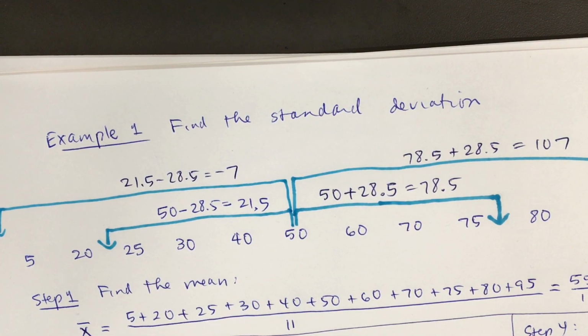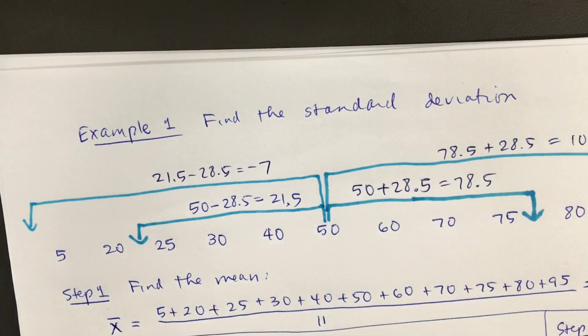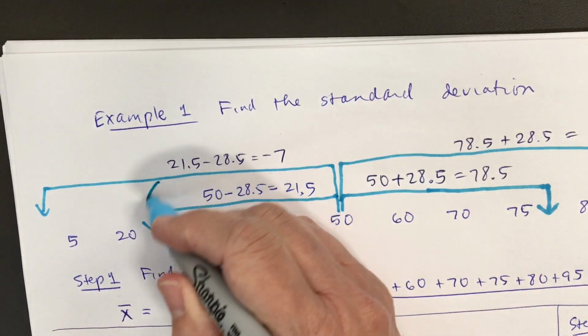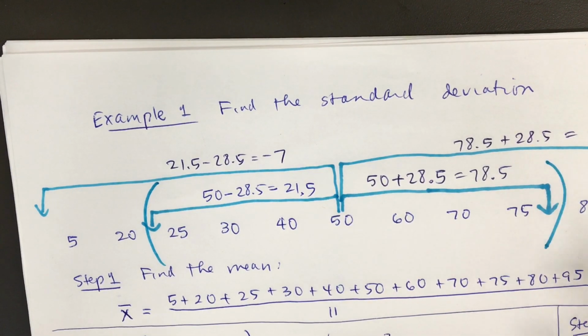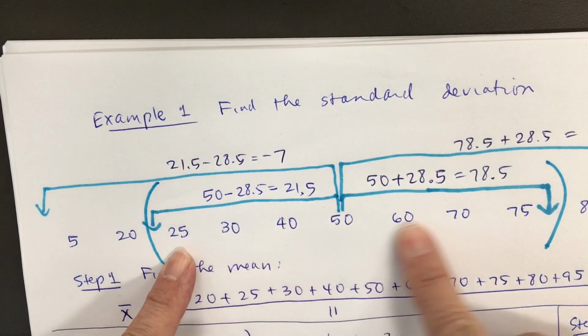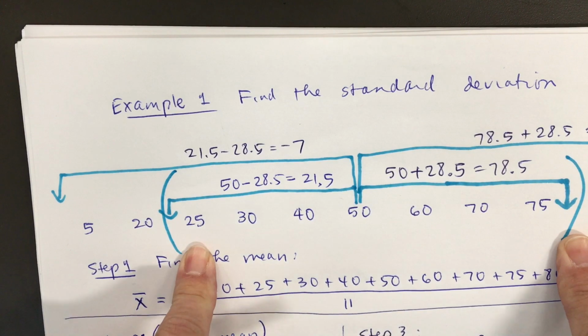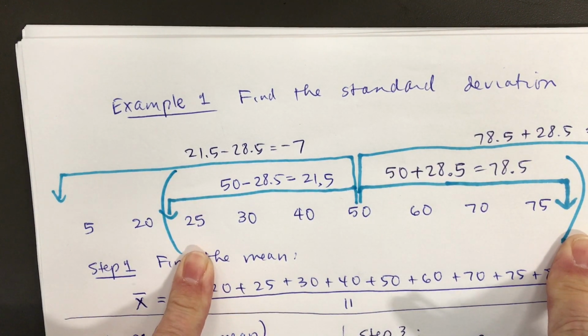Now this is a small data set. For a real large data set, say the heights of 10,000 college students, you're not going to find that 2 standard deviations will encompass the whole data set. This being a small data set, that's what happened here. As I look at this, there are 7 of my scores within 1 standard deviation of the mean.